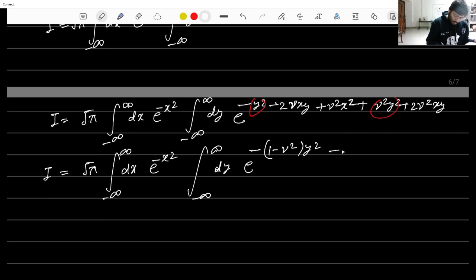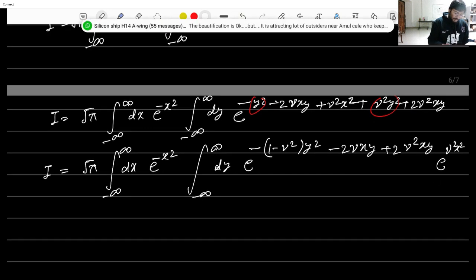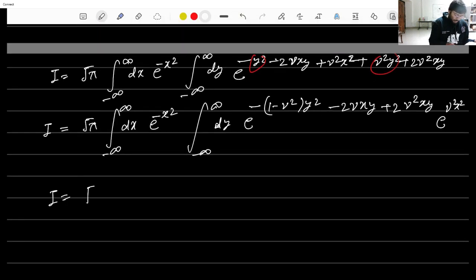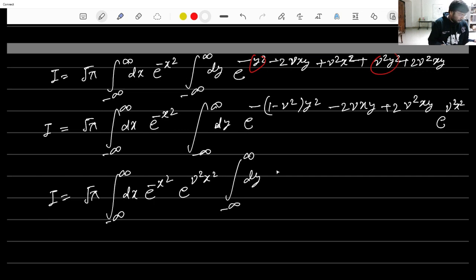So that is 2 nu xy, 2 nu square xy, and there is a term which is nothing but nu square x square, which you can take outside this y integral. So it can be written as root pi minus infinity to plus infinity dx e to the power minus x square, you take this factor nu square x square outside, and the y integral becomes this, correct.